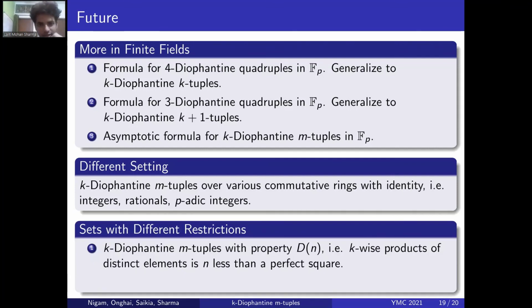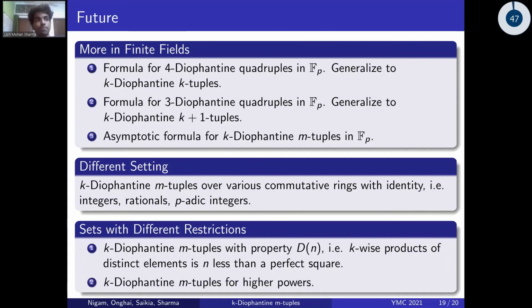And you can read about these other generalizations that other people have considered, which are really popular. You can consider k-Diophantine m-tuples with property D(n), or you can consider the product to be 1 less than a square or some higher power. You can read about these generalizations on Andrej Dujella's website.